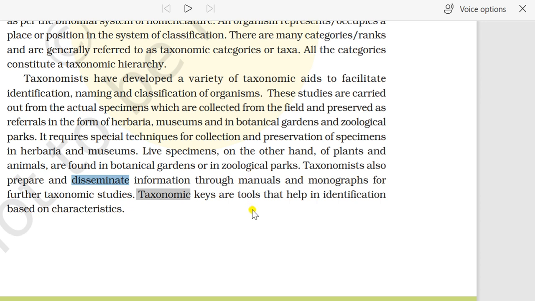Manuals we understand, books which we can use. What are monographs? Mono means one.